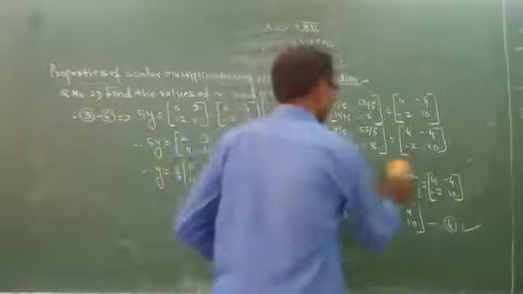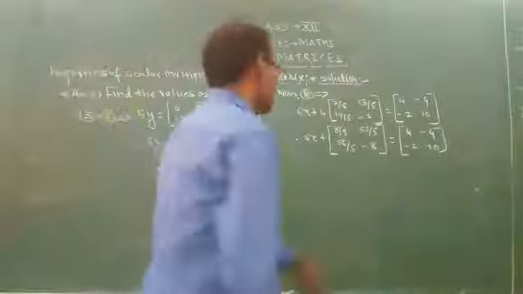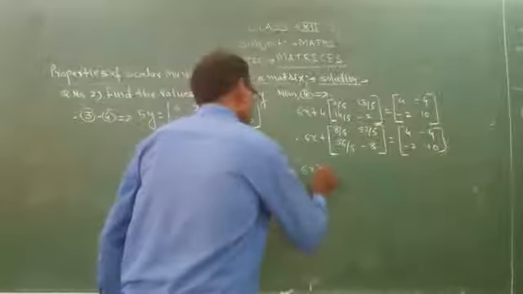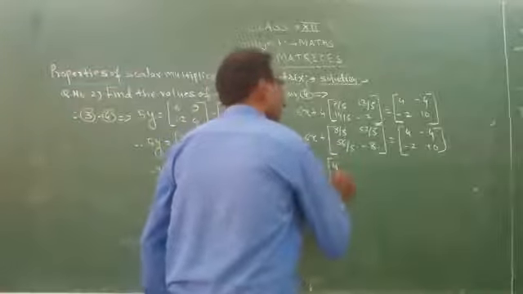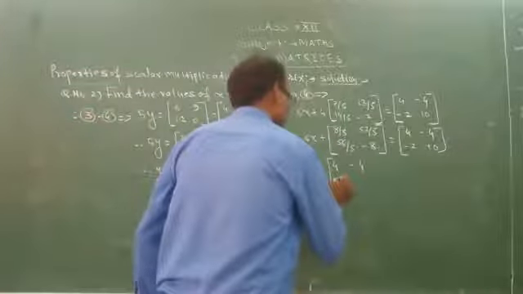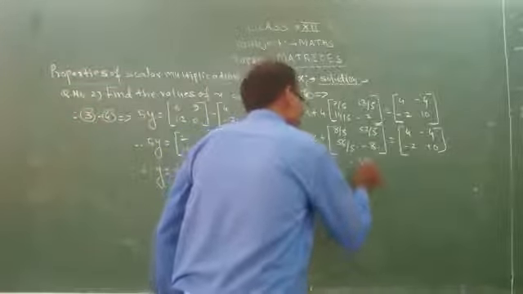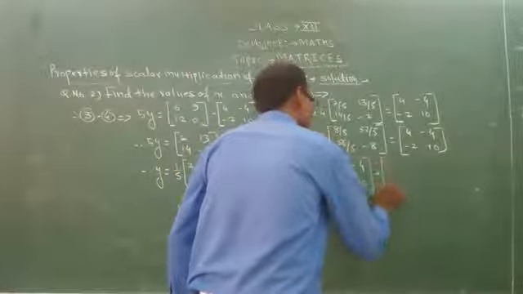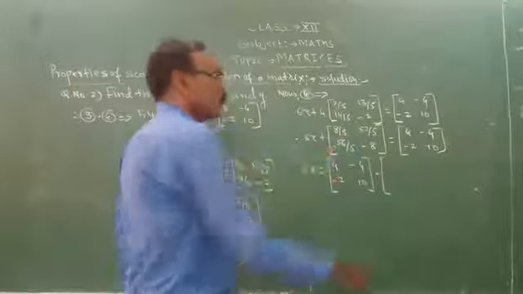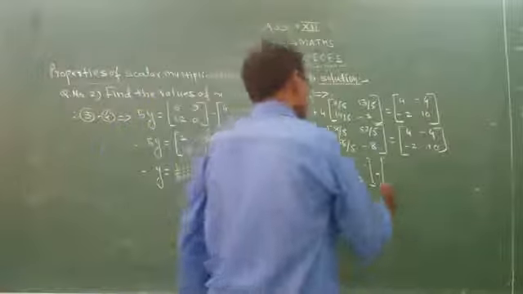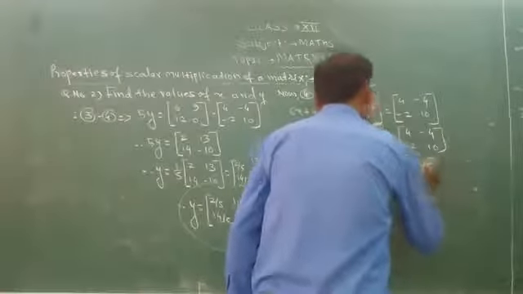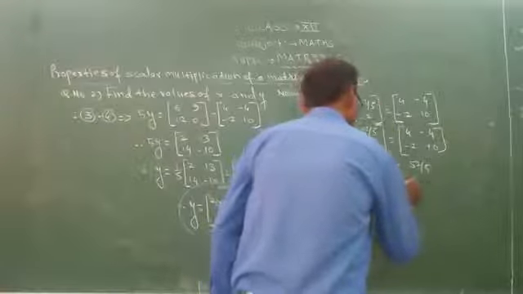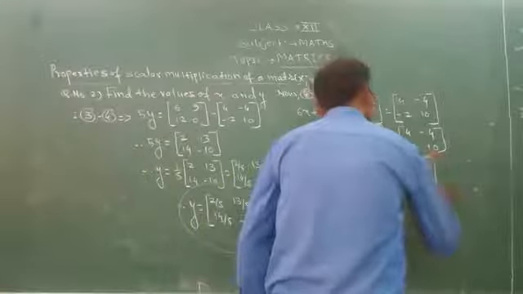Take this to the right-hand side. 6x equals the matrix 4, minus 4, minus 2 and 10, minus the matrix 8 by 5, 52 by 5, 56 by 5, and minus 8.